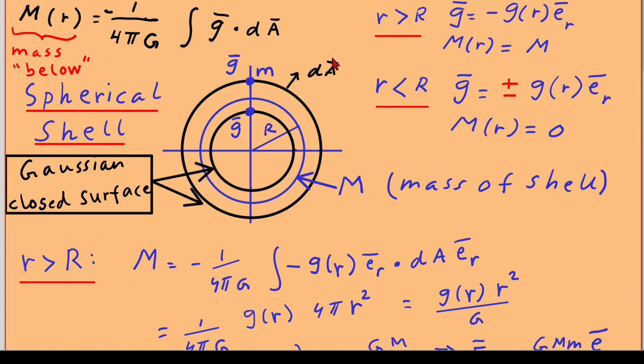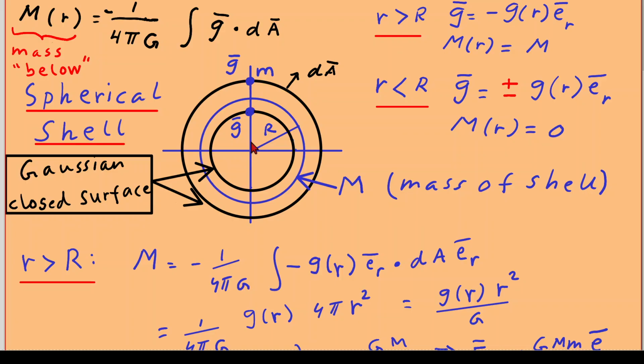If the radial distance is greater than the capital R distance to the shell, and here is capital R, and you're further away, so this must be greater than capital R. And I'm claiming that the gravitational field is in the negative radial direction. From that point, it's pointing downwards.